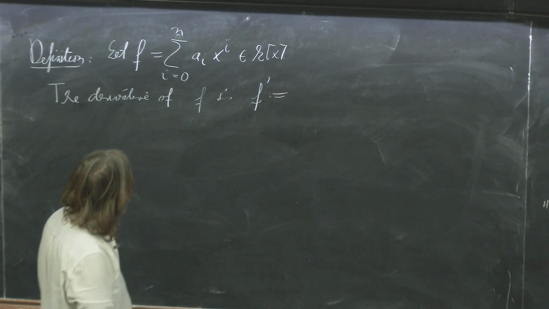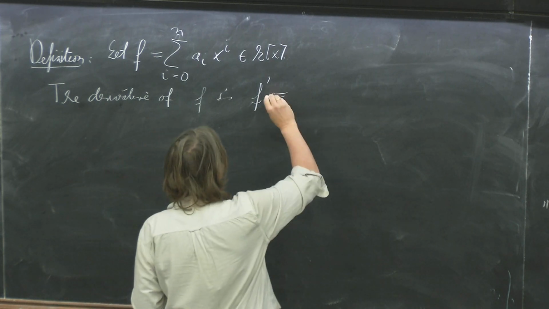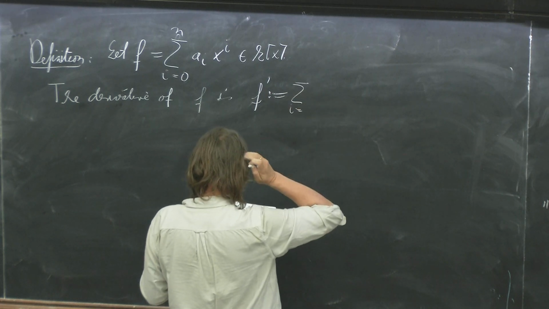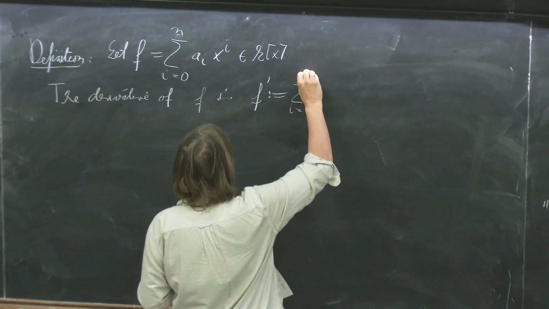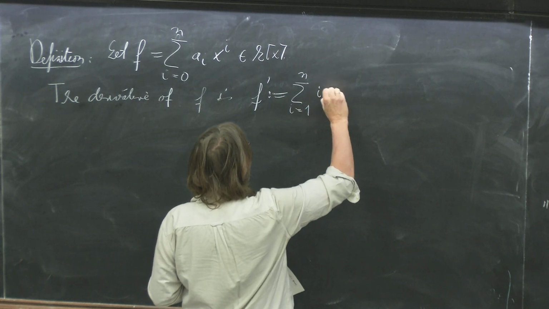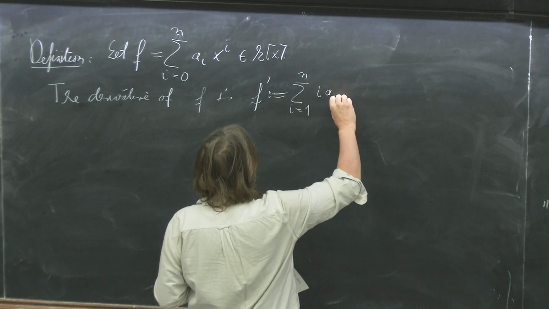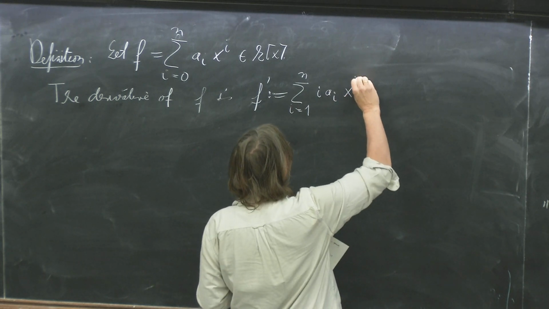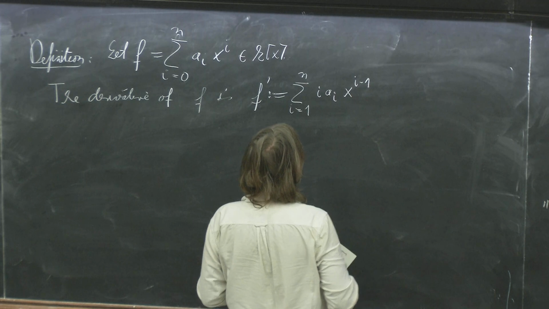Well, I just apply the formula that everybody knows and make it the definition: the sum for i equals 1 to n of i times a_i times x to the i minus 1.